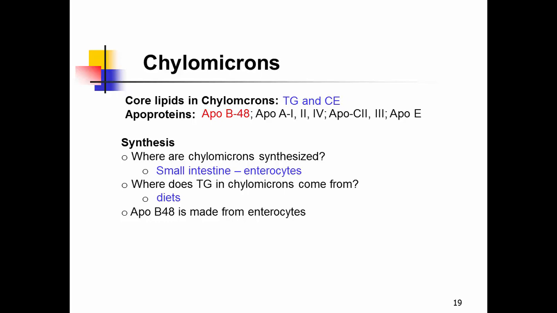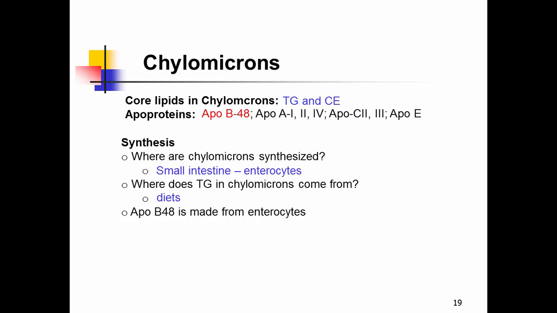The main function of chylomicron is to transport dietary triglyceride from the small intestine mainly to fat tissue and also the liver.